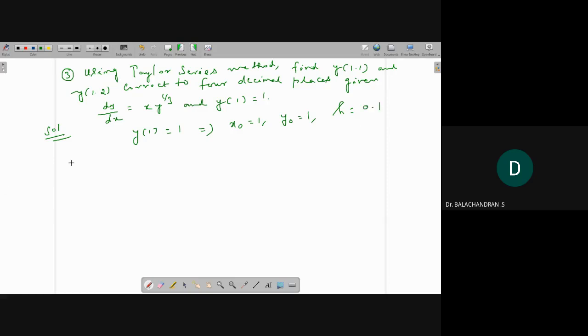Okay, now what is given in the question? Y dash, that is dy by dx, is equal to x into y power 1 by 3.